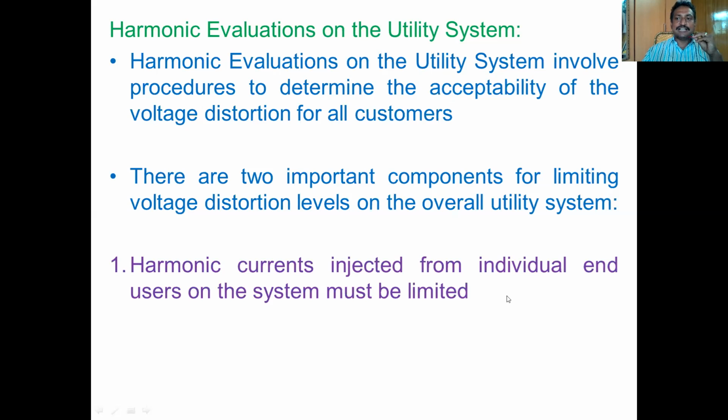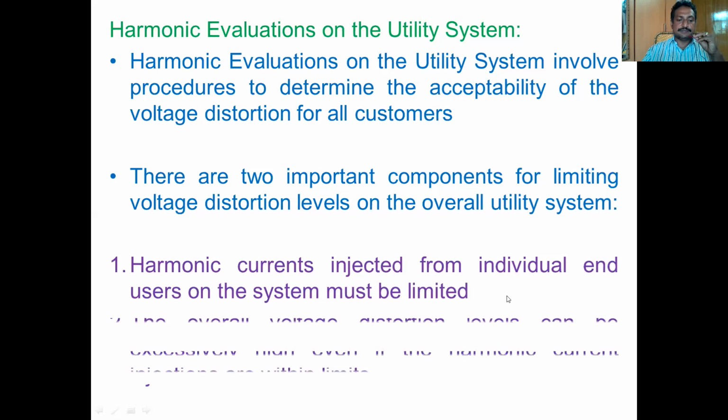So we should remember that in every house we should apply filter networks. The designer will design these filters while developing the equipment. If it has filters, they definitely limit the current injected from individual end users on the system. Harmonic current injections must be limited.